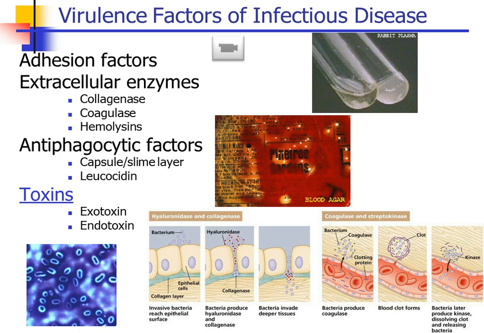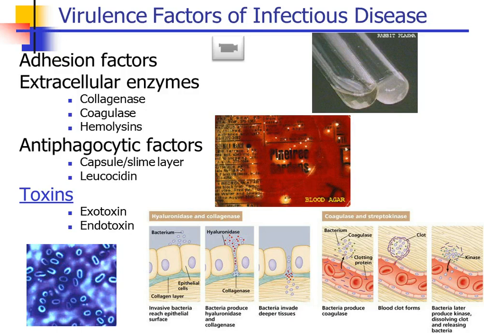Adhesion factors. Some organisms make proteins that allow them to stick to your cells, or they make fimbriae that allow them to stick. So there are a lot of different adhesion factors for stickiness and attachment, which allow the organism to immobilize and set up a focus in a particular area.